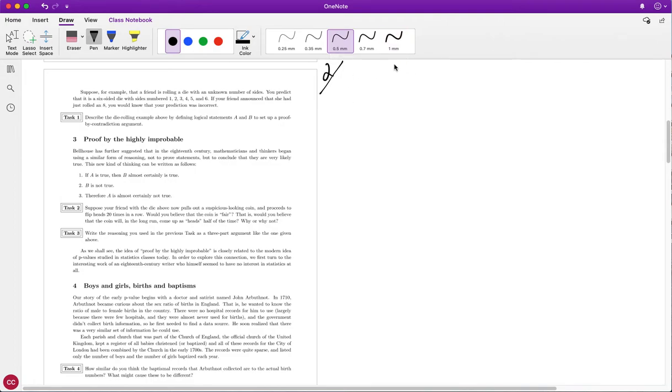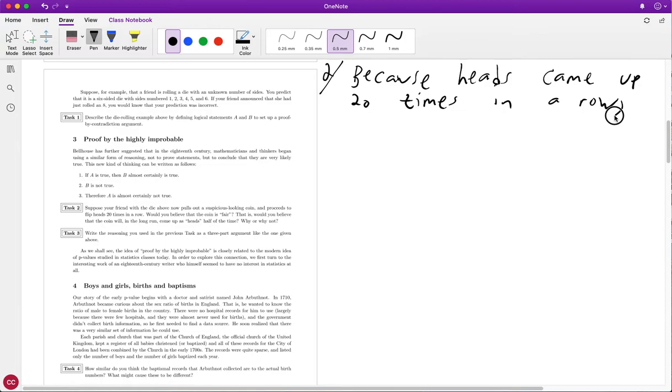So in this particular case, because heads came up 20 times in a row, it is, to quote this highly improbable idea, almost certainly not a fair coin.